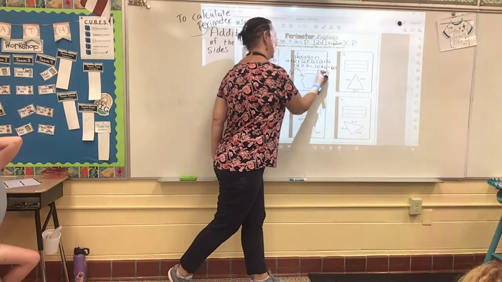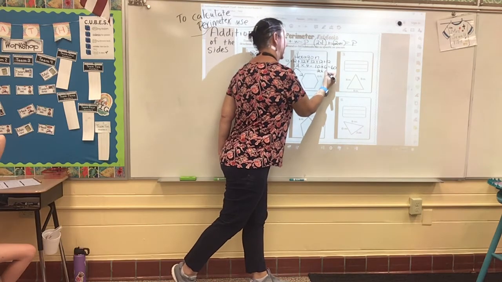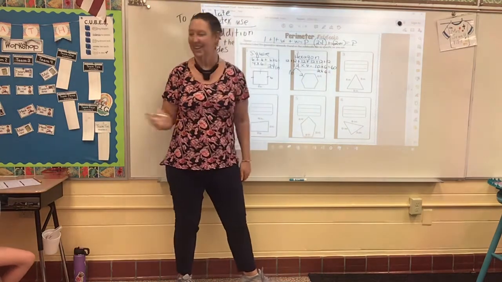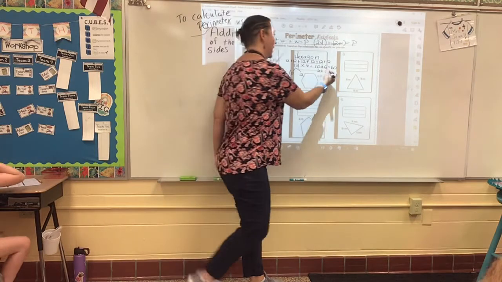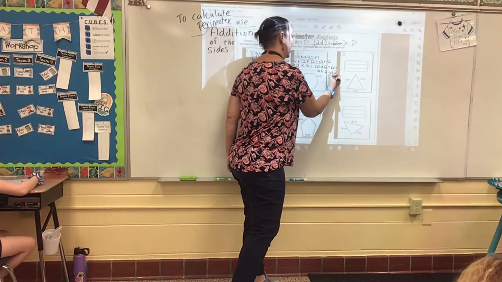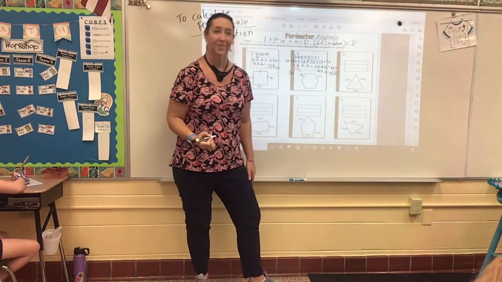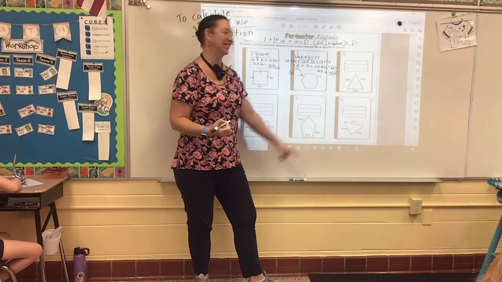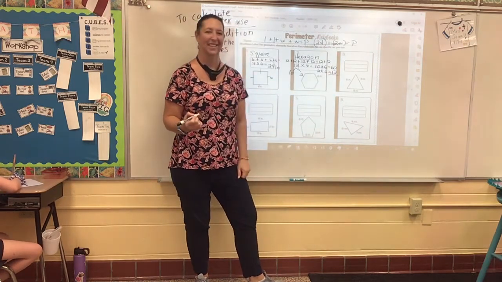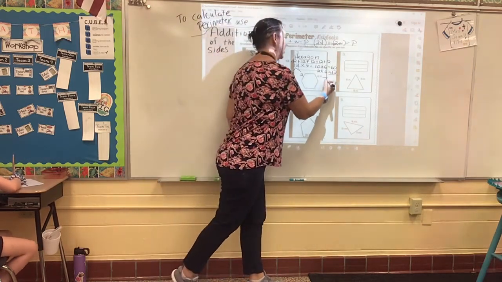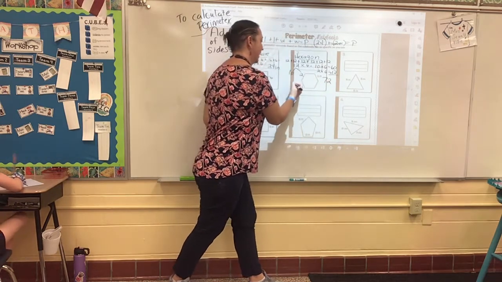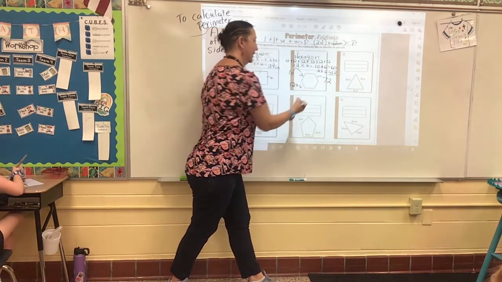And 2 times 6 is equal to what? 12. And guess what? If I add those together, what do I come up with? Logan? 72. And so 72 is the same as 12 times 6.